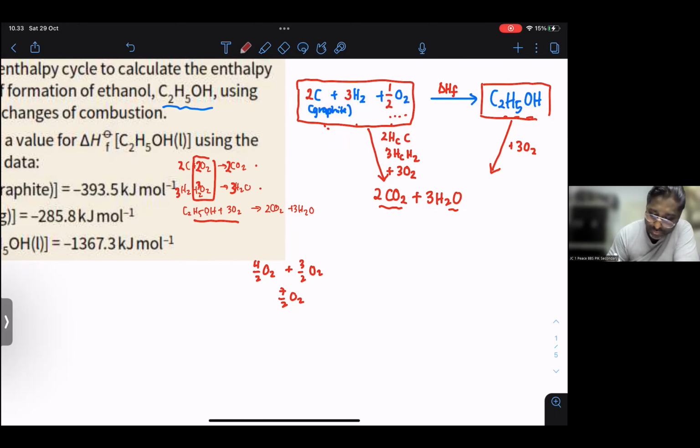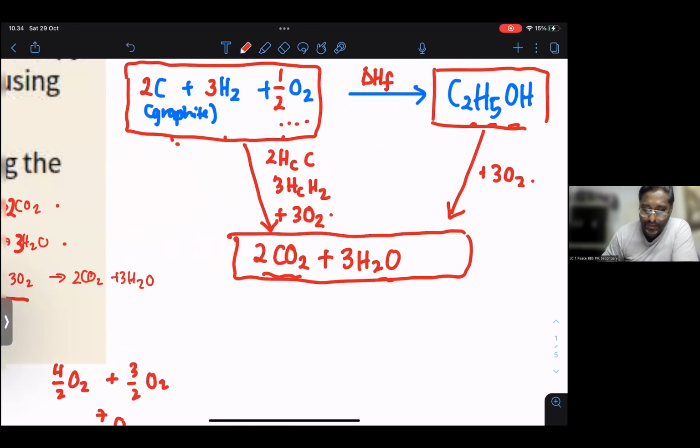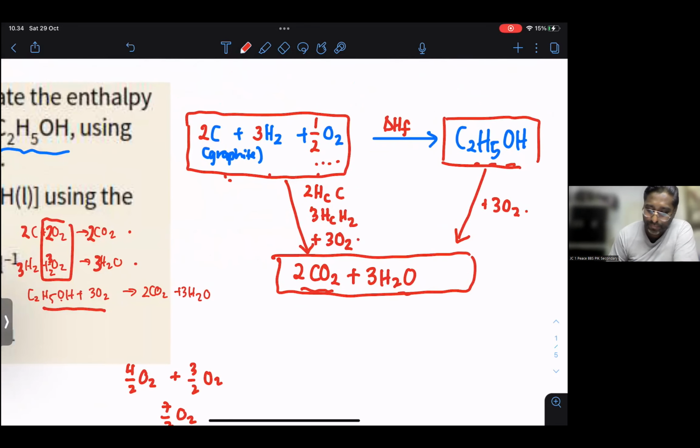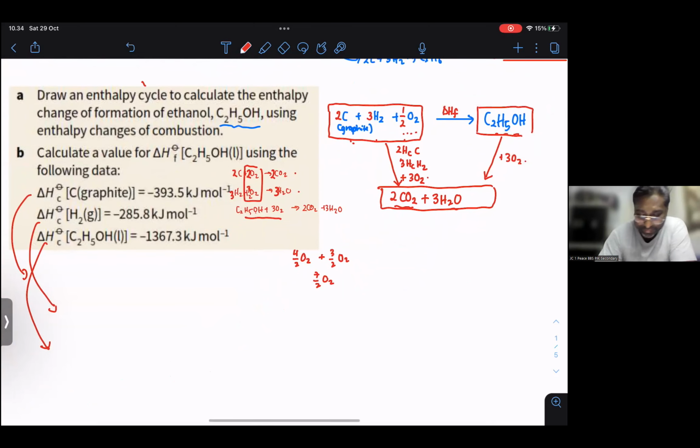And then now you put the table, everything will be balanced. How? 3/2 here, 3/2 over here is all balanced left and right. And then you are going to have the HF, and so on. So now, the enthalpy cycle is already completed.